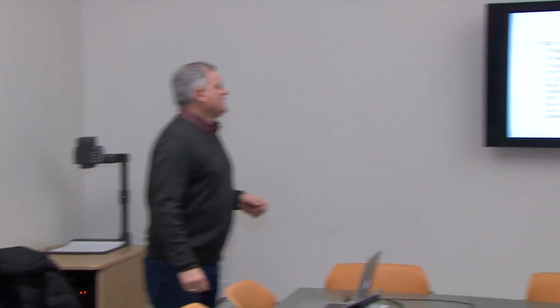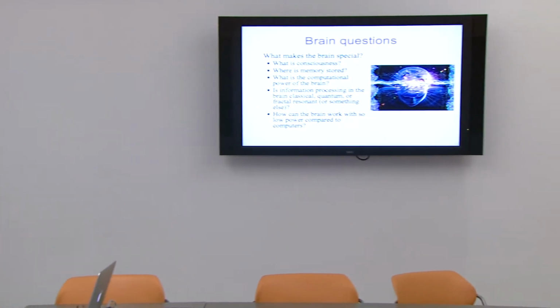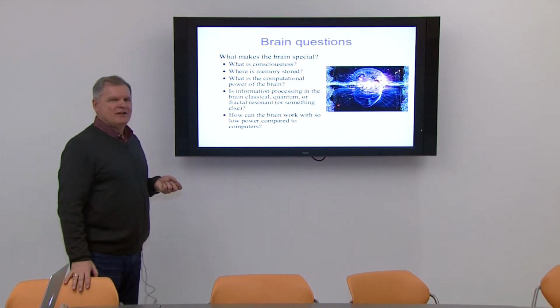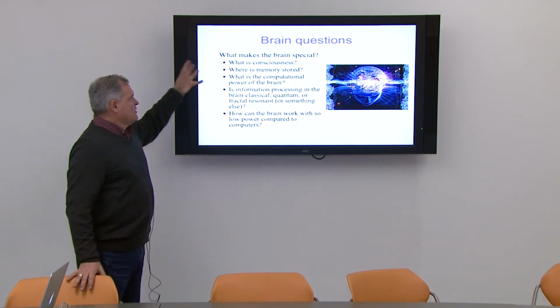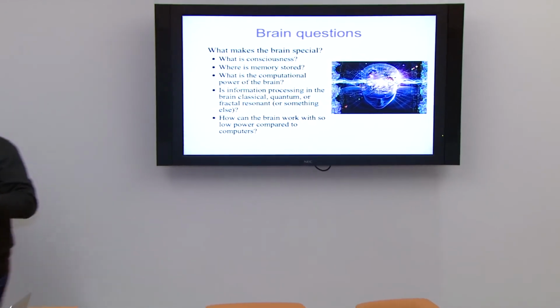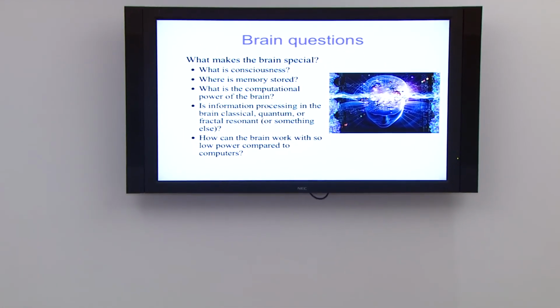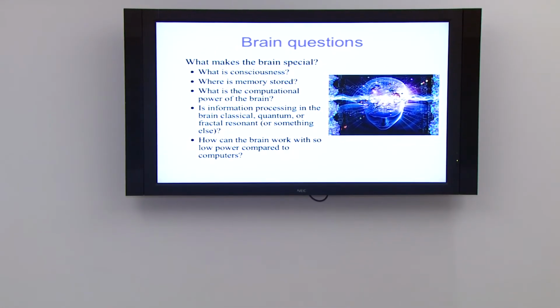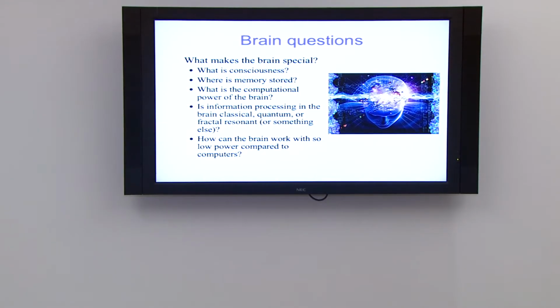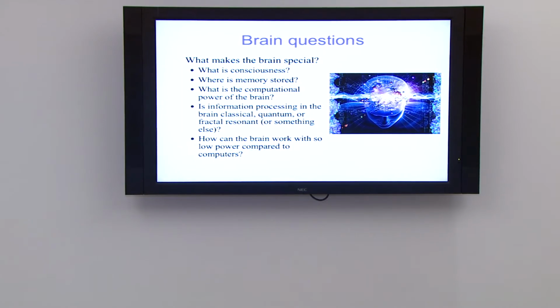Okay. So these are the big, deep questions that a lot of people are trying to answer. We don't have really any good answers to those. What makes the brain special? I told you, the incredible potential to store memory and to manipulate information. So now the question is how fast and how much can you process?